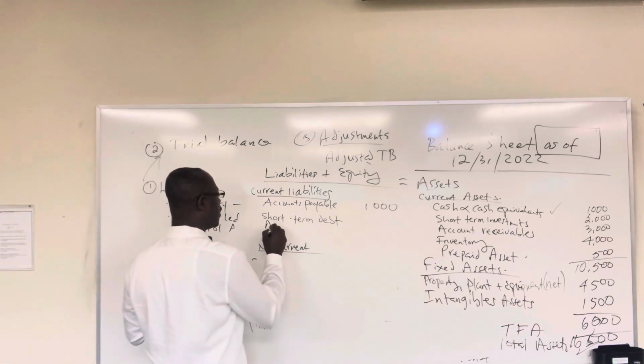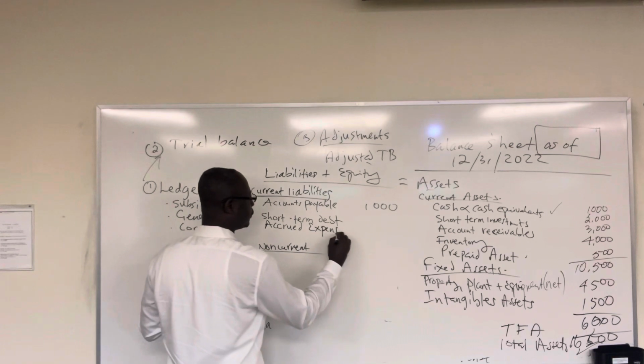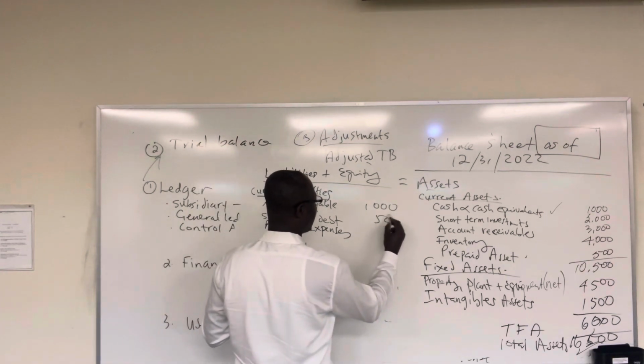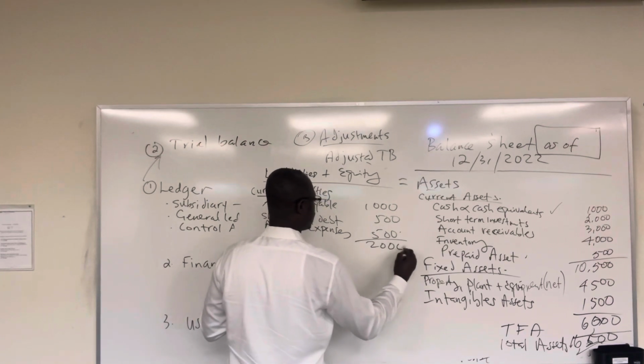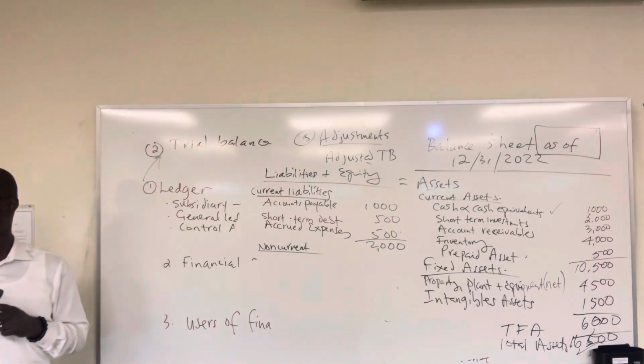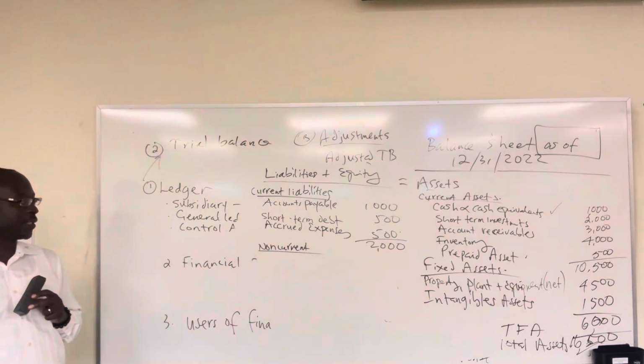And then you have accrued expenses. So let's say this is 500 and this is 500. So my total current liabilities is 2,000. Does that make sense? This is as an example, right?